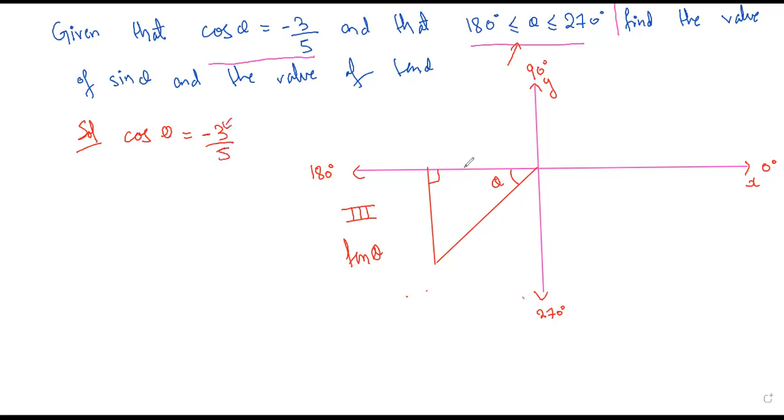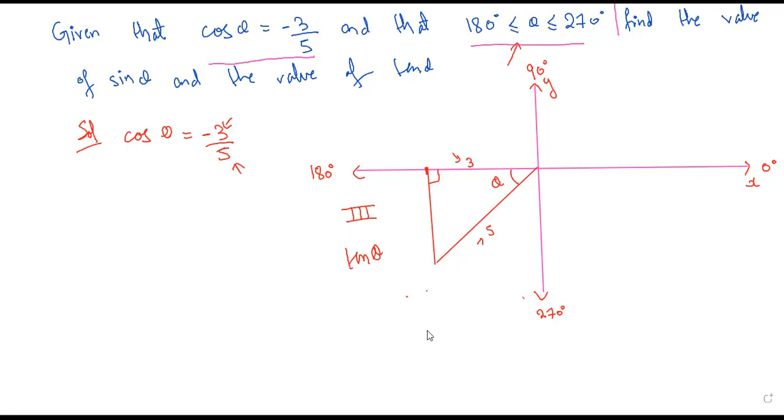So this is 3 basically, and this is the hypotenuse side, that is 5. Okay, that is good. We have minus 3 because this basically would be minus 3. But since right now I'm writing down the lengths of the triangle, I will just write it down with a positive sign, okay? Because lengths are always positive. Minus is coming because it is cos, and cos is negative in the third quadrant.